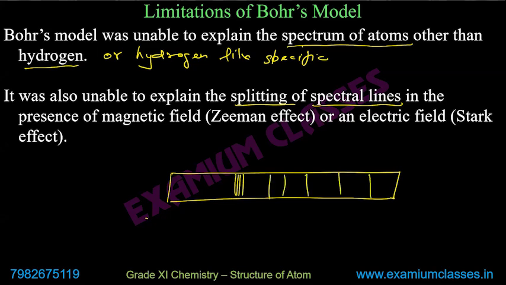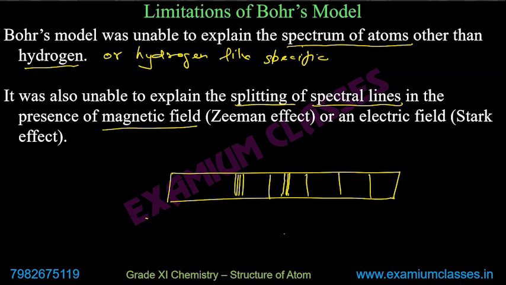Scientists noted that if a magnetic or electric field was present, then these bars actually got split into two or more bars. A single bar got split into two or three bars, very close to one another.